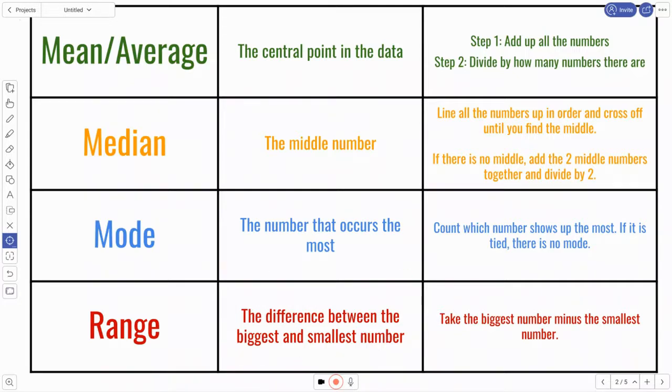What is the difference between the biggest number in your data set and the smallest? How far apart are the biggest from the smallest? And then this third column tells you how to calculate that. You can see for the range, it's as simple as taking the biggest number and subtracting the smallest number. That gets us our difference.